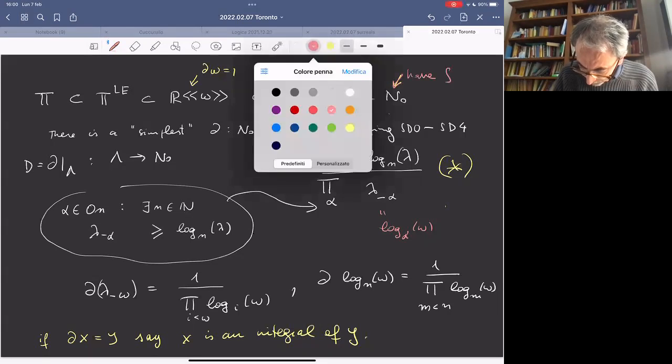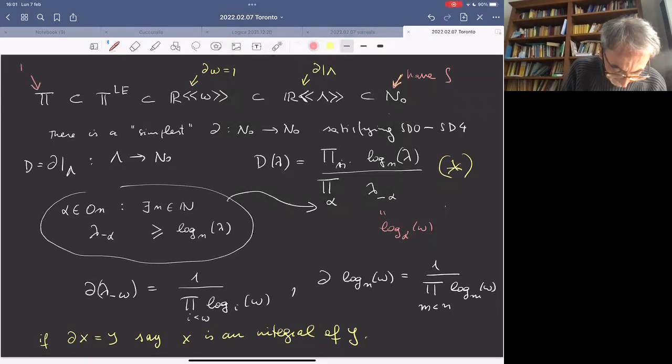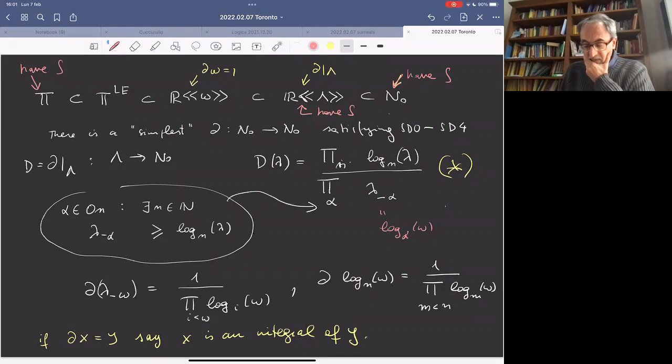And also on the transseries, you have integrals. And also on the bracket of lambda you have integrals, but in the other places, in the bracket of omega and in the LE series, you don't have integrals. And it's easy to see why.